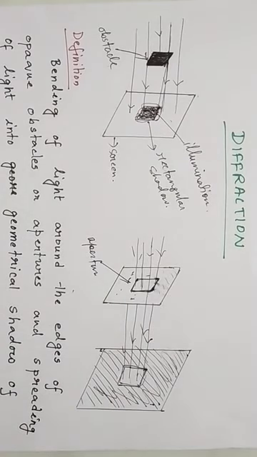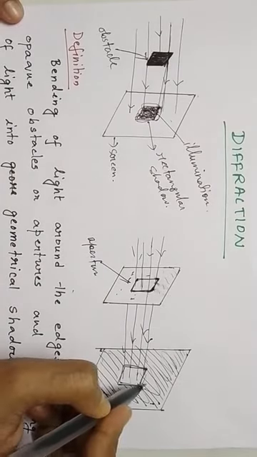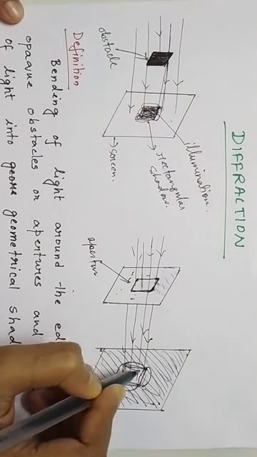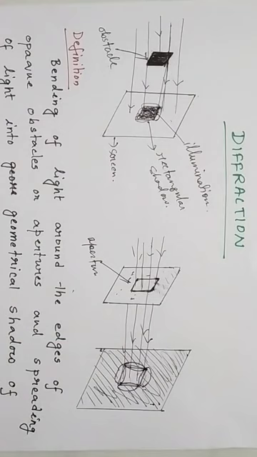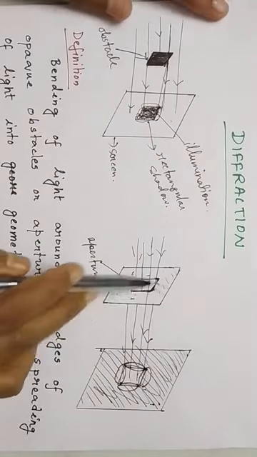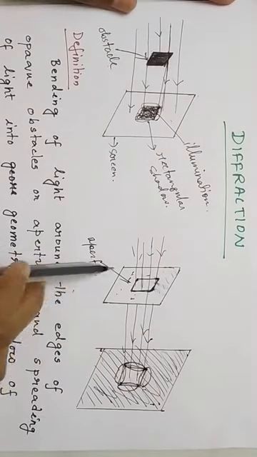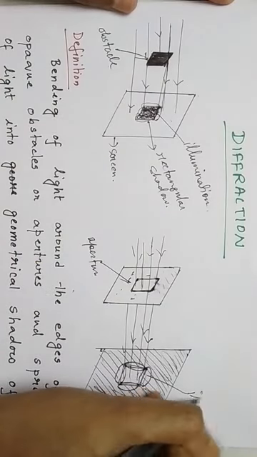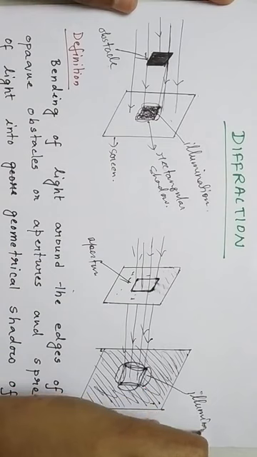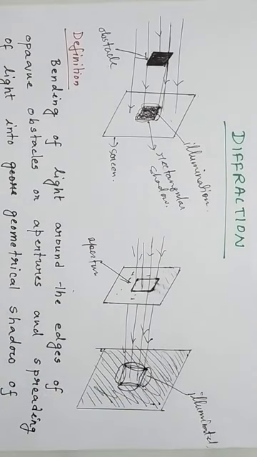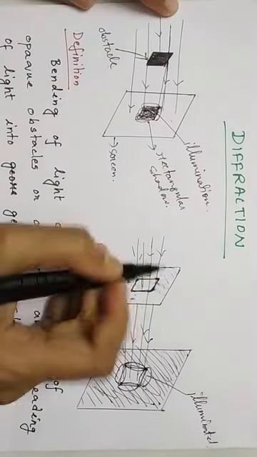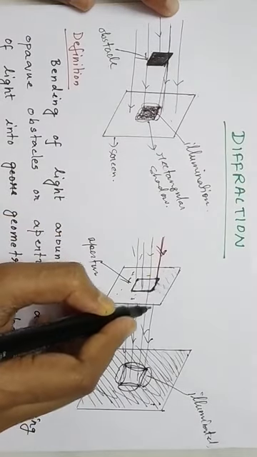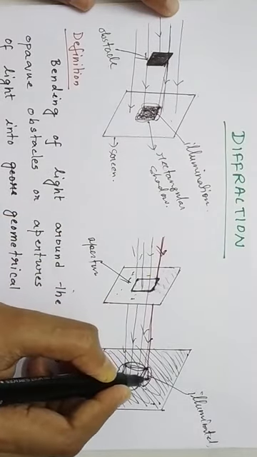But what is observed is that this region, just around the geometrical shadow of this cardboard which has the aperture, is illuminated. So it appears as if the light passing around the edge of the aperture has bent and reached the geometrical shadow.